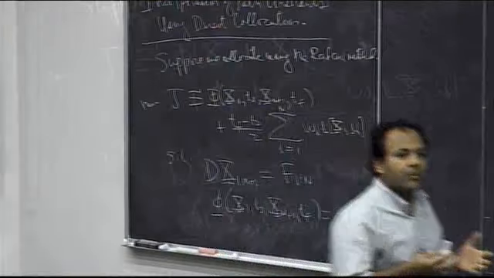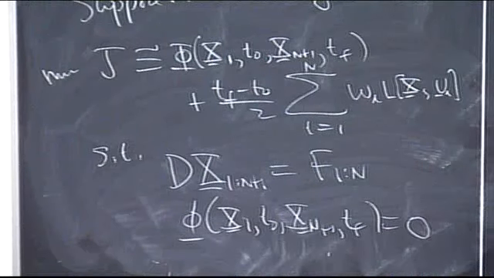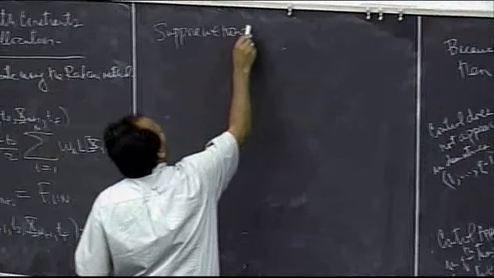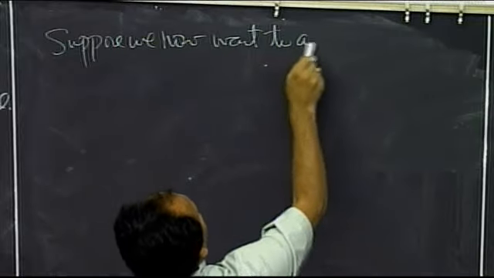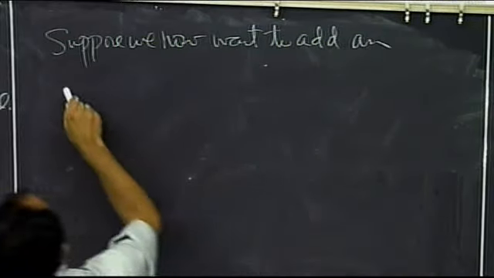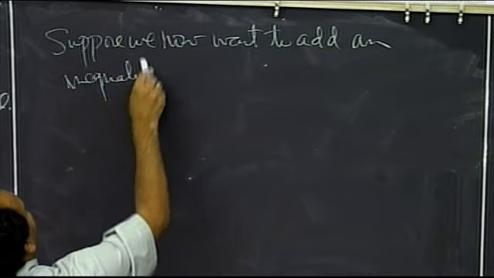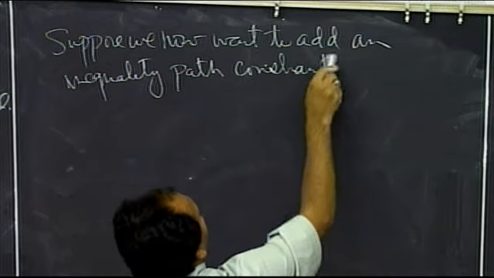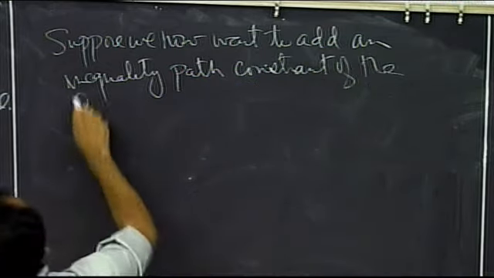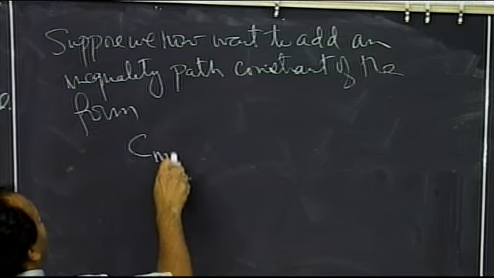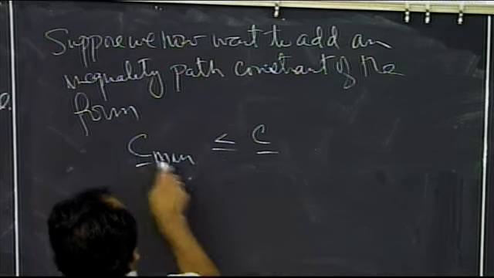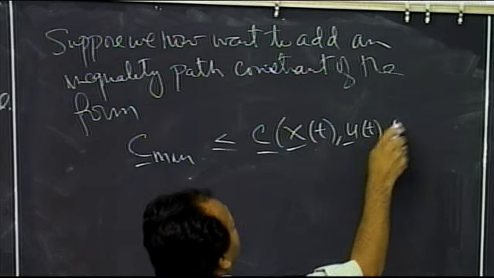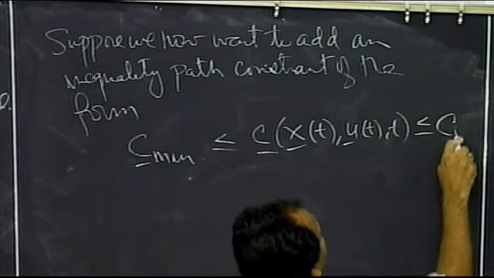Let's suppose I now want to add a path constraint, an inequality path constraint, of the form, and I'm going to be a little bit more general here, C min is less than or equal to C of x of t, u of t, and t, which is less than or equal to C max.